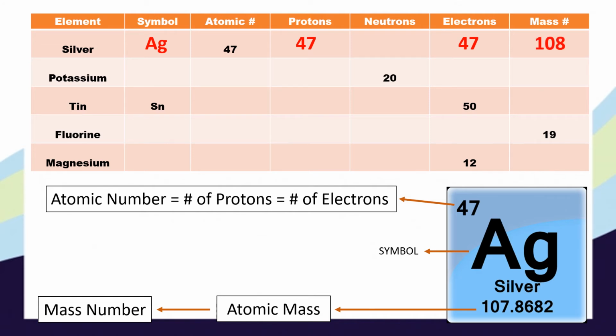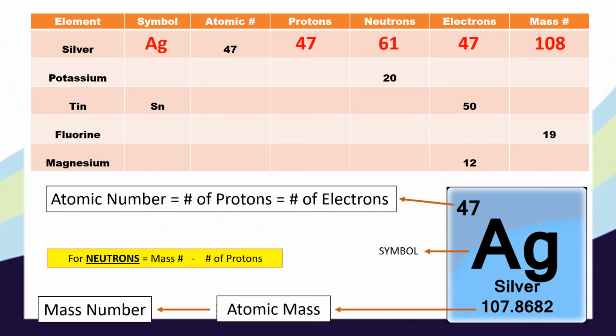Since you have the mass number, you can already solve for the number of neutrons, which is equal to the mass number minus the number of protons. 108 minus 47 protons, our neutron is 61. So here's the correct answer for the element silver. Did you get it? Easy, right?